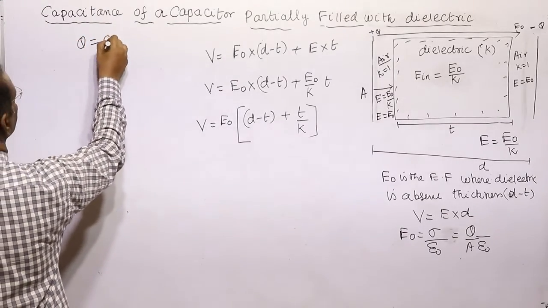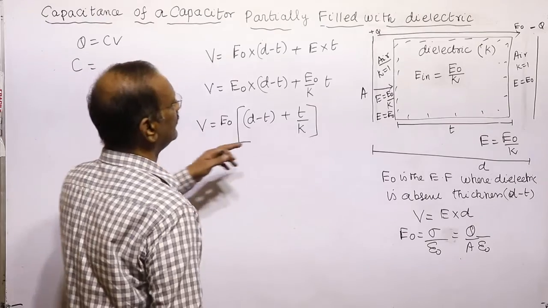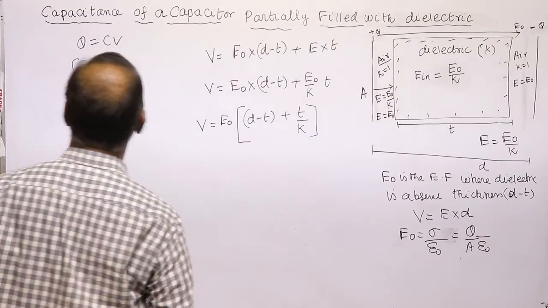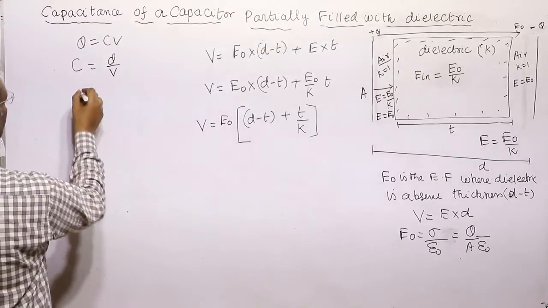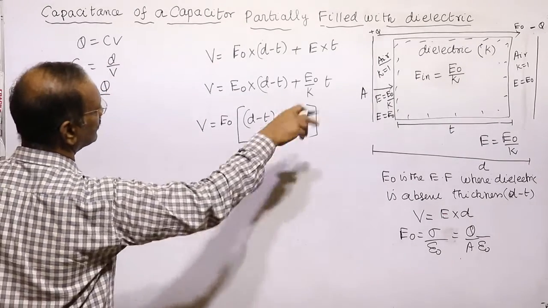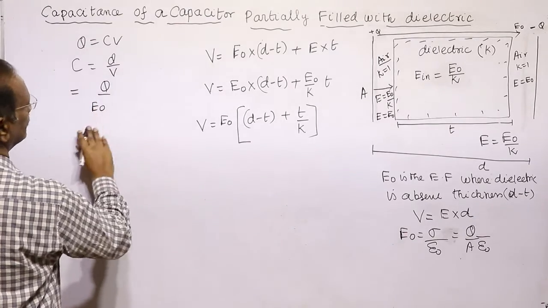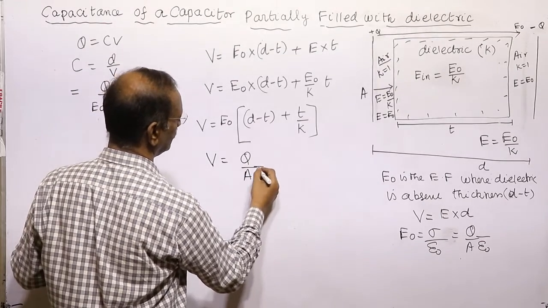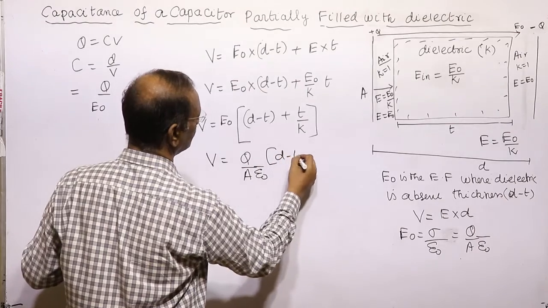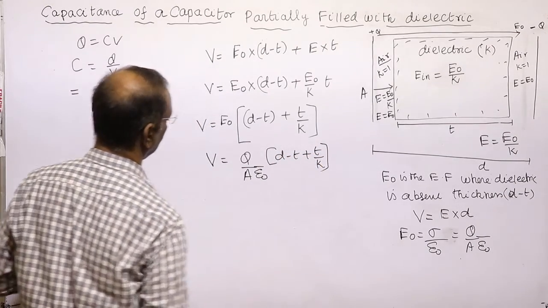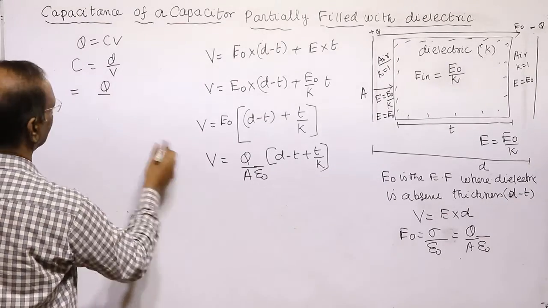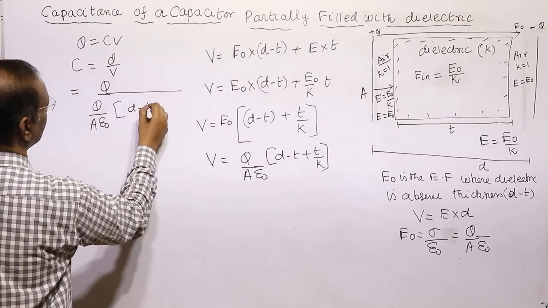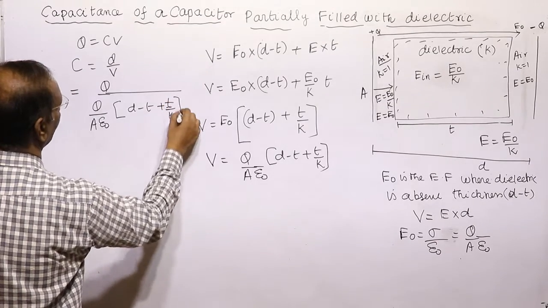This is the potential. How to find the capacitance? Since Q is equal to CV, the capacitance of the entire thing, the capacitor partially filled with the dielectric and air, is C equal to Q by V. The total potential between the plates is V, where E naught is equal to Q by A epsilon naught, into D minus T plus T by K. So instead of Q by V we can write Q by A epsilon naught into D minus T plus T by K. Q can cancel.